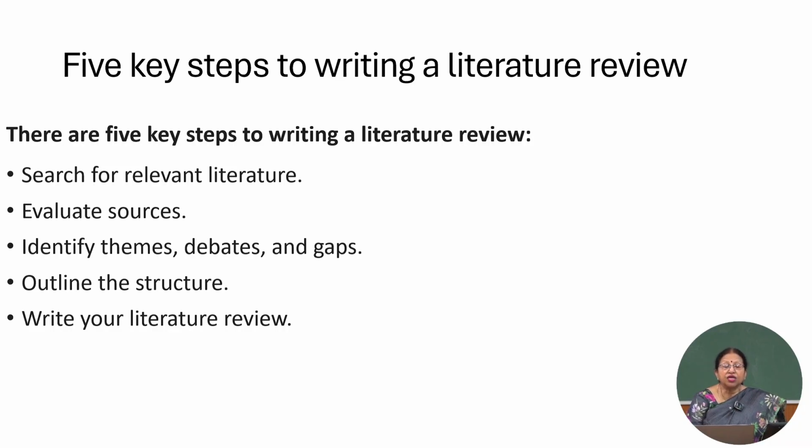Now, what does this mean? This means that when you are writing the literature review part in your research paper, you have to do a thorough literature survey first. So that search should be very, very thorough. Once you have searched, comes evaluating these resources.